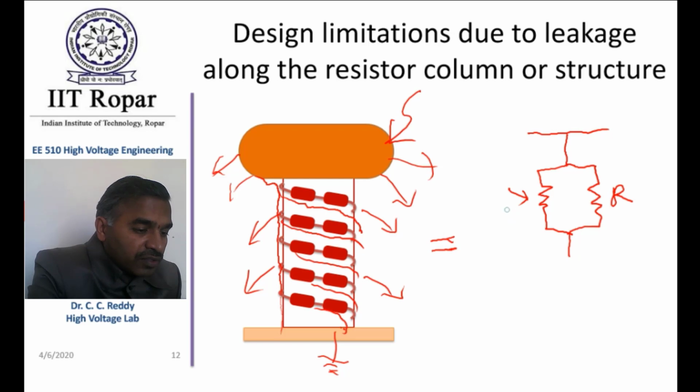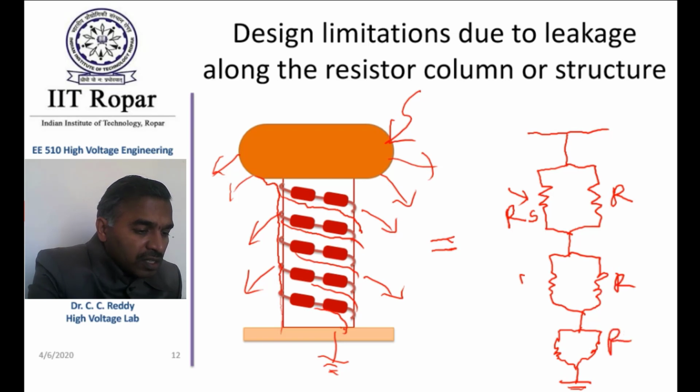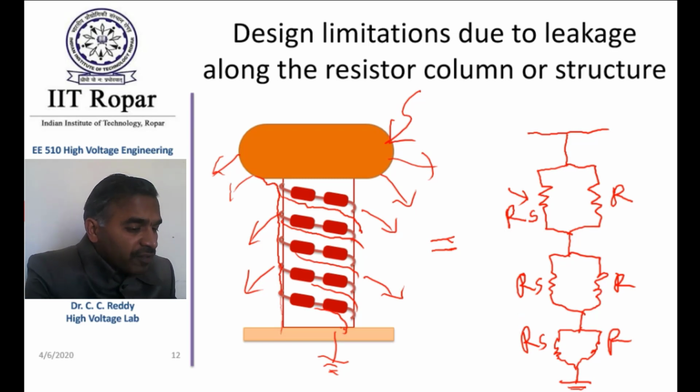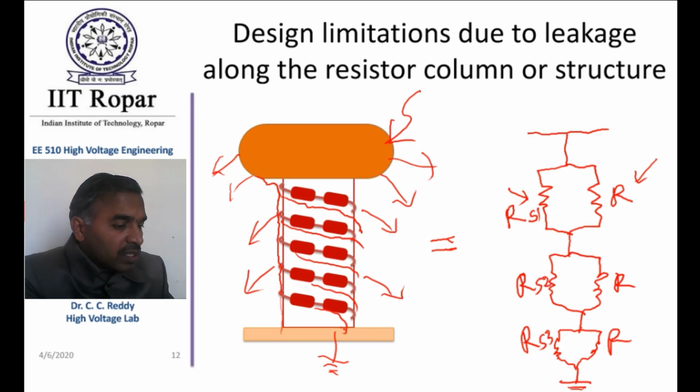Let us say this is RS or RL. So like this, and then ground. Okay, this is R, this is R, this is RS, this is RS. RS will have different values. R may be uniform. RS, let us say RS1, RS2, RS3, etc., because along the column also the resistances will be different.